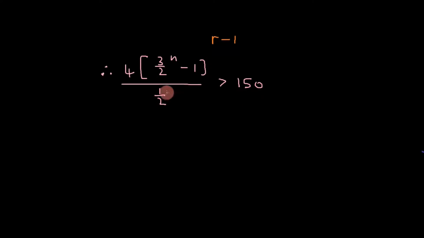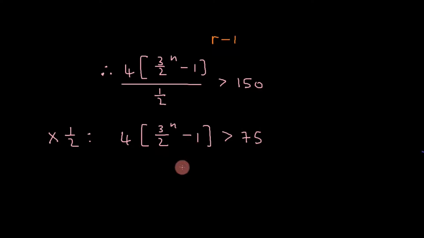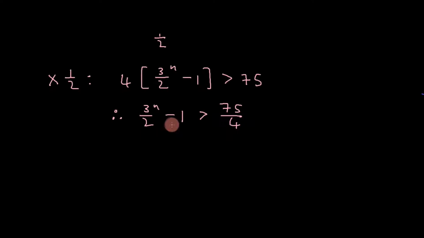We can get rid of the half here by multiplying both sides by a half. 150 times a half, of course, is 75. Now we can divide the 4 into the right-hand side. We can add 1 to the right-hand side. And we're going to use logs again.